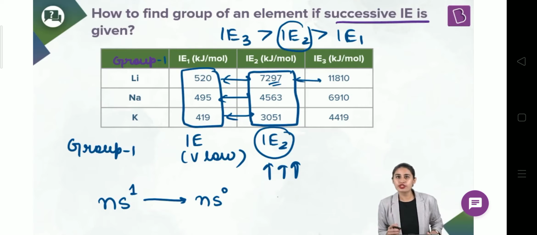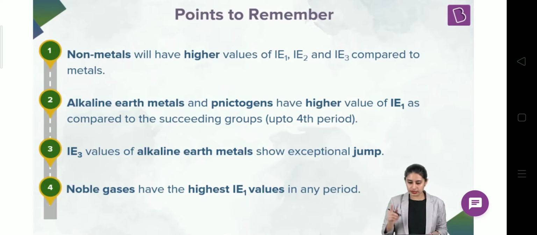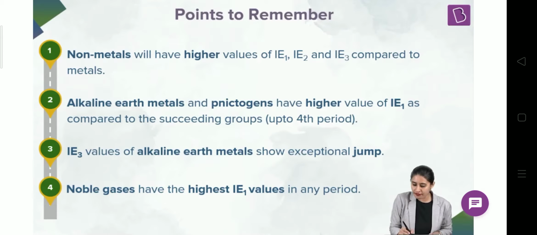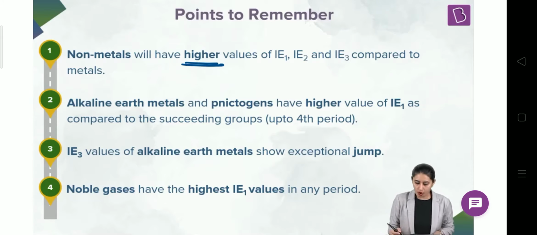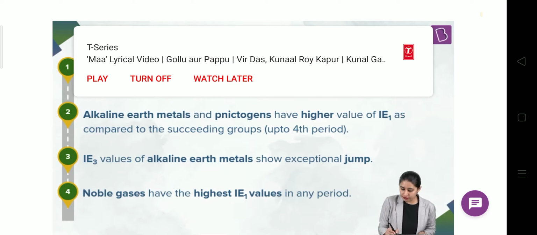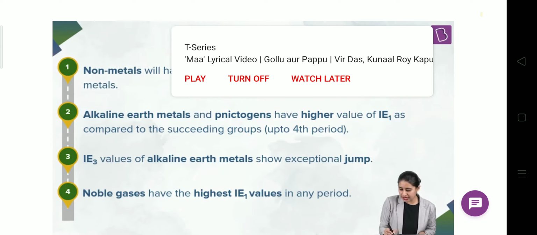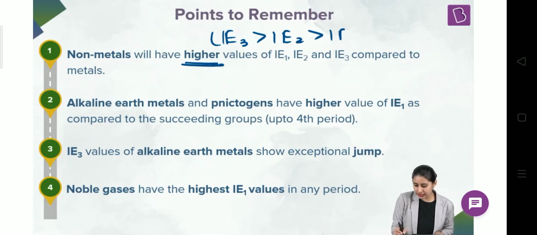Before I give you more questions of deciding the group, I want you to keep some points in your mind. The points to remember are, number 1, non-metals will have higher values of IE1, IE2 and IE3 compared to the metals. And of course, IE3 for anything will be greater than IE2, which will be greater than IE1.